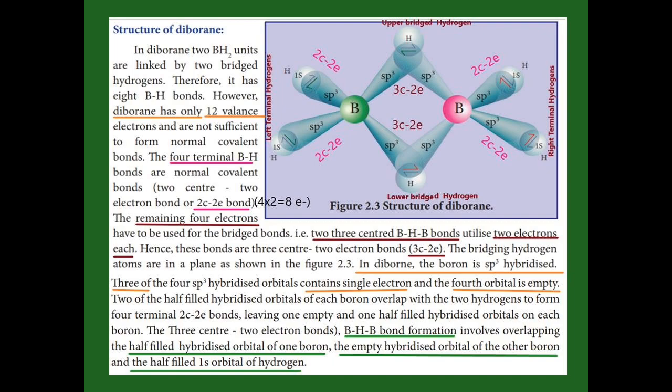So 2 sp3 hybridized orbitals form the terminal hydrogen bonds, but of the other two, one is an empty orbital and another is a half-filled sp3 hybridized orbital. By using this, you see in the last line, the BHB bond formation involves overlapping of the half-filled hybridized orbital of one boron, the empty hybridized orbital of the other boron, and also the half-filled 1s orbital of hydrogen. Thus the structure of diborane is formed.